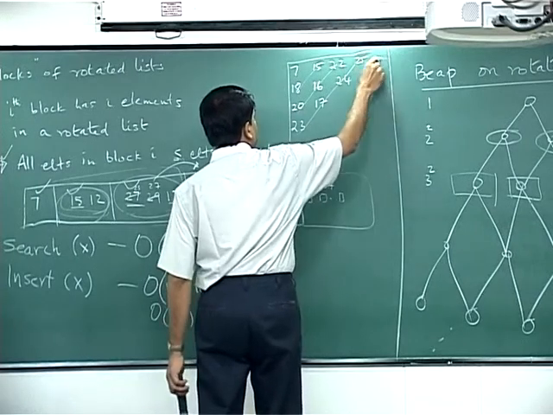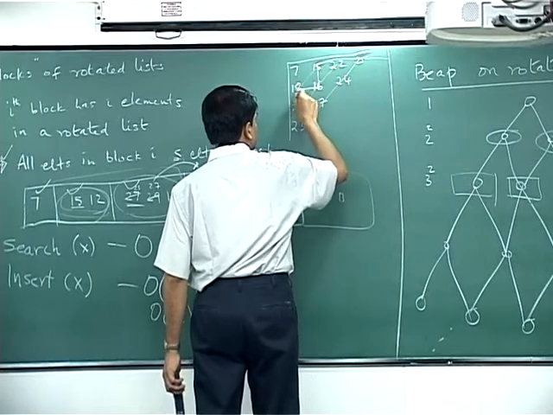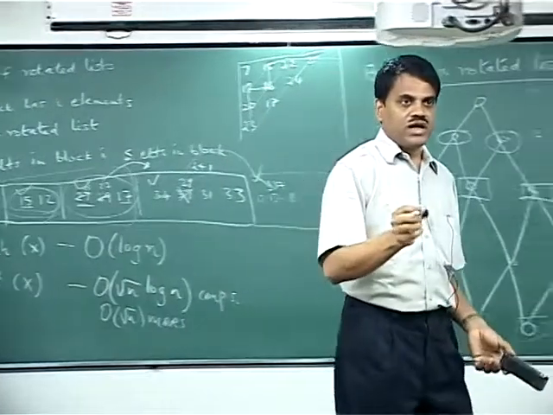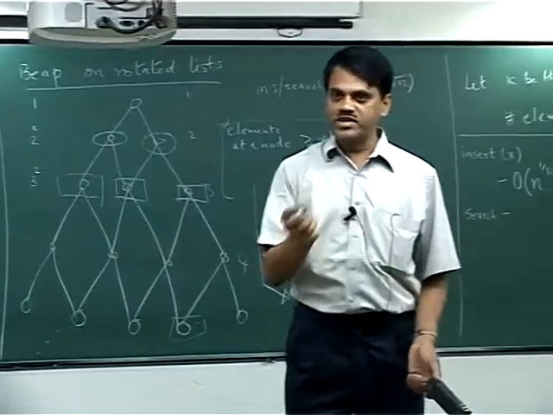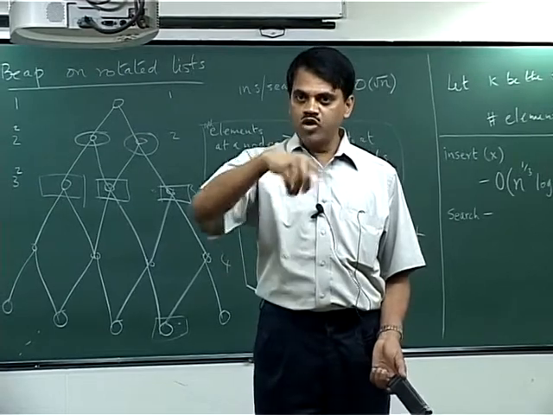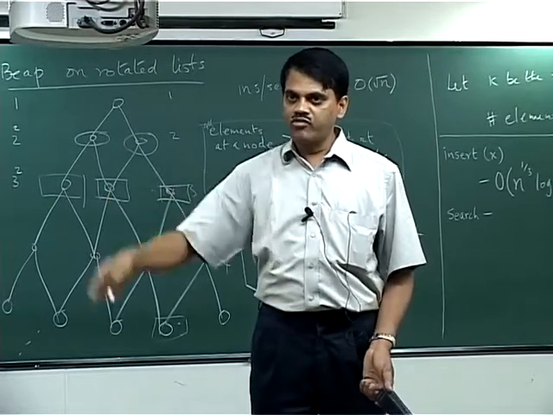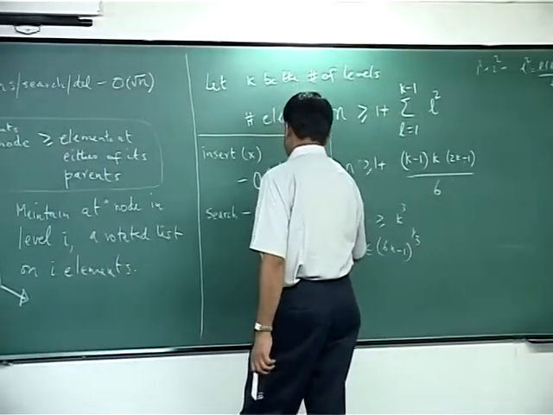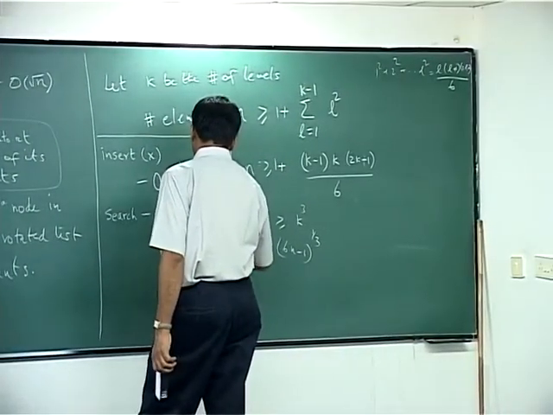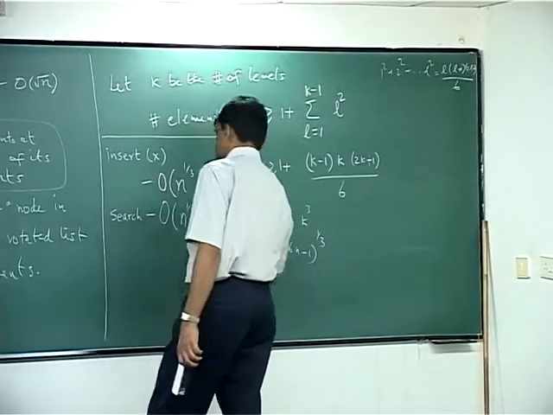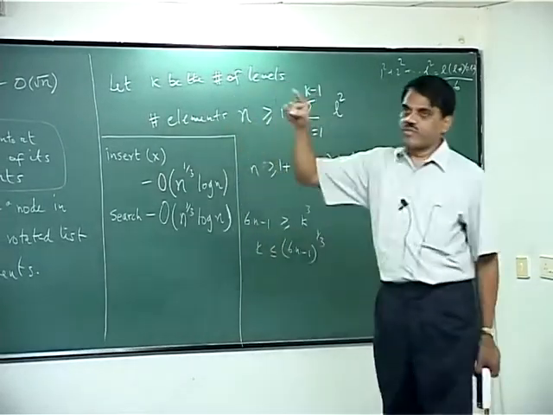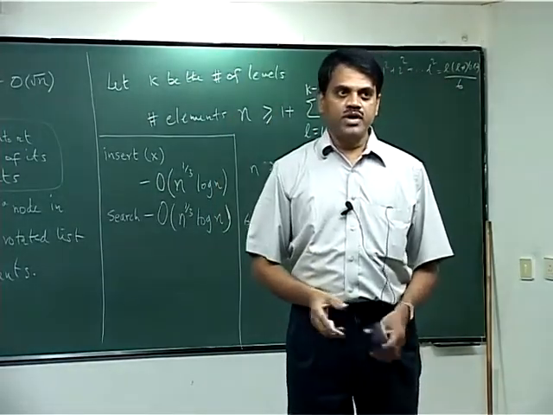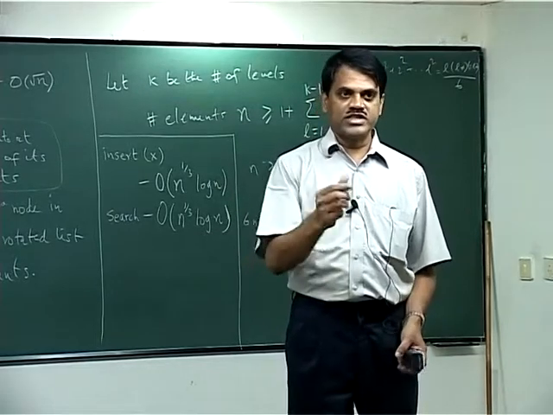And the way we did the search is we moved all the way, and then we did this kind of a search. Okay. And here you do the same thing, except now in each element of this grid, you don't have a single element, but you have a rotated list. So you go search in that list, okay, and keep following that up. And so I will let you fill up the details to realize this whole thing also takes order n, number of blocks was what we had in the beep. Now there is a logarithmic overhead because you are searching in each rotated list.